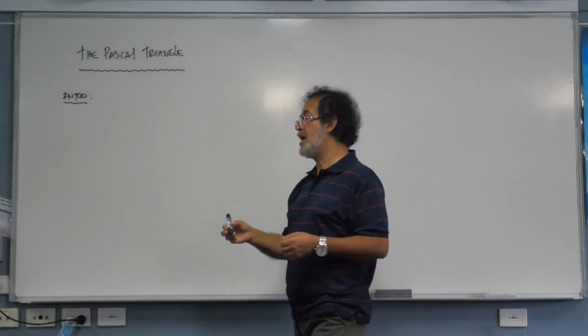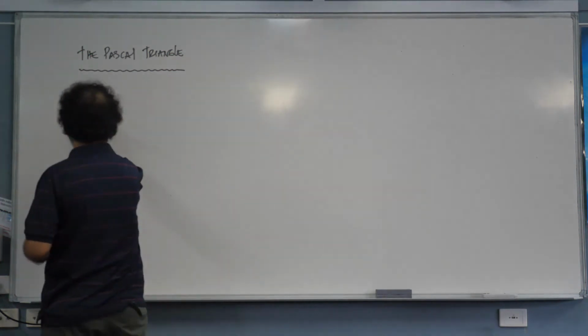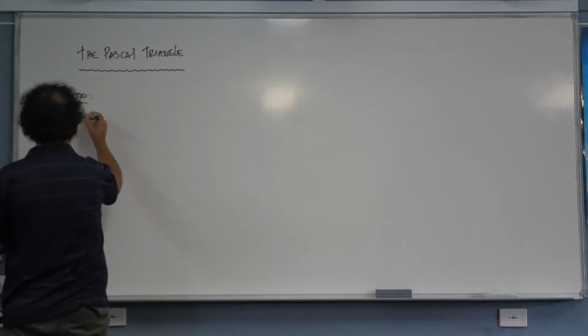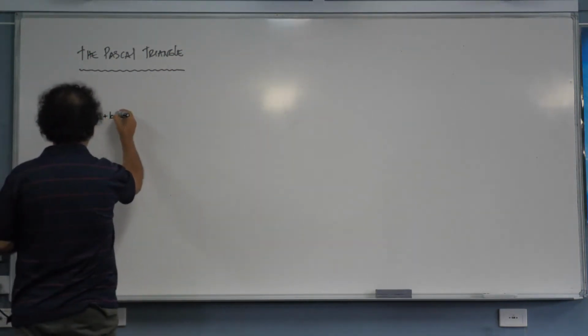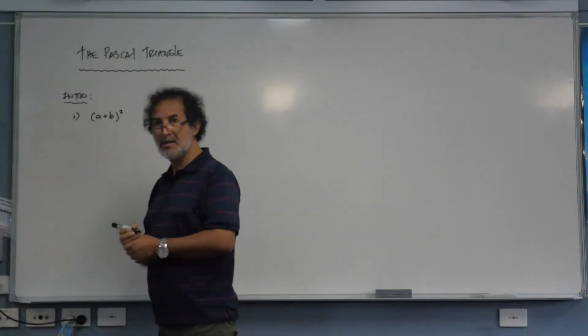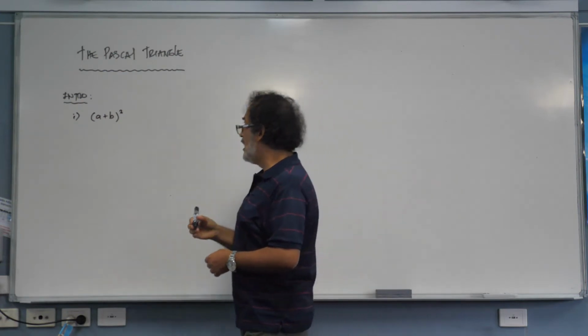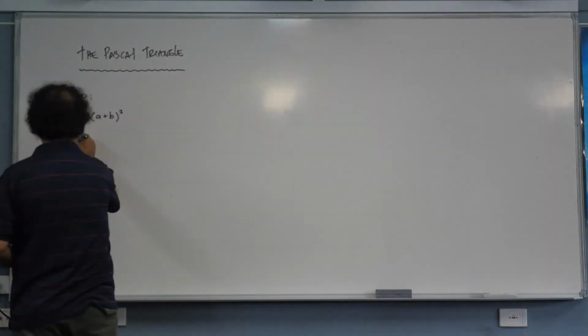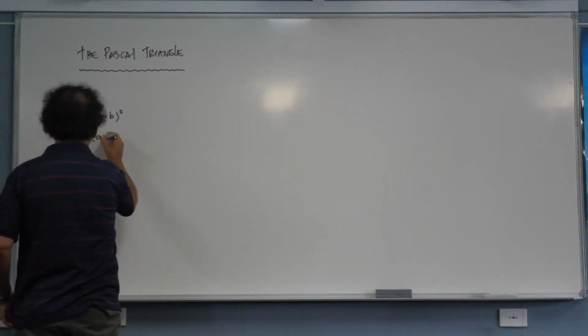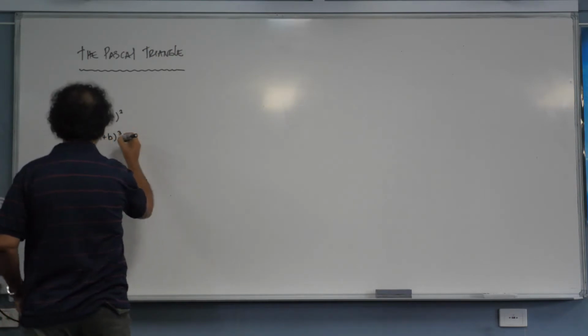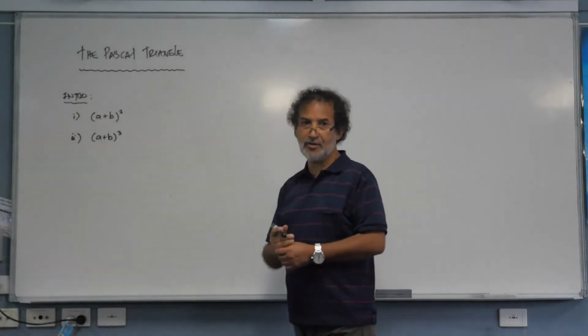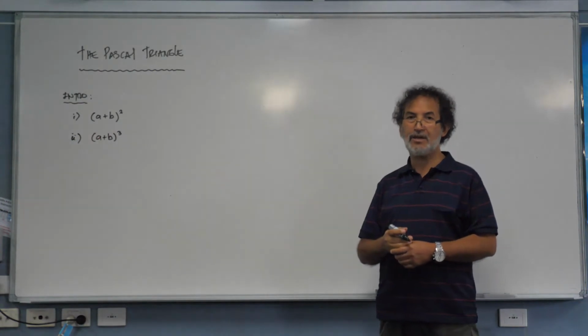Okay, so we already know how to expand things like (a + b) squared. If I ask you to do (a + b) cubed, you can also do that. It won't take that long.